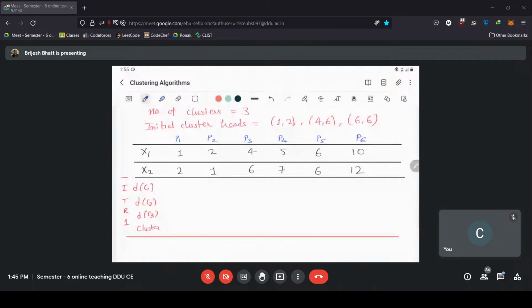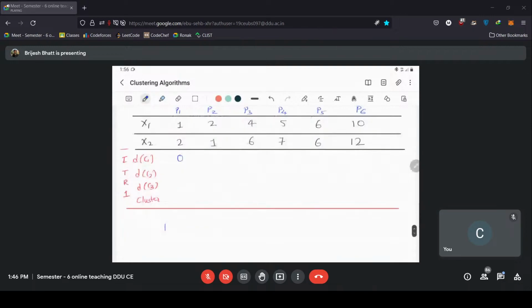So the distance of P1 from C1, as we can see, is 0, because both are the same point, (1, 2) and (1, 2). And we are using Euclidean distance here. What will be the distance of P2 from C1?